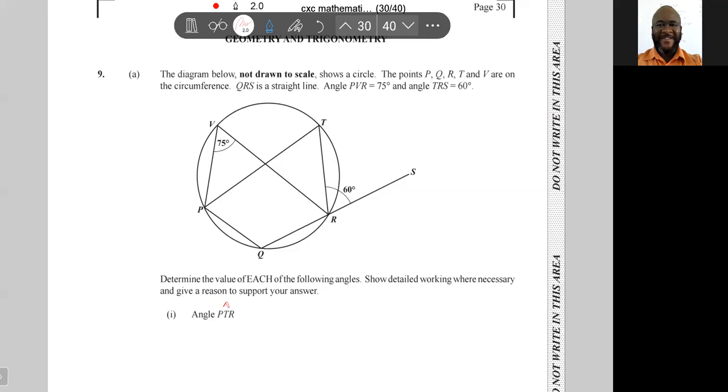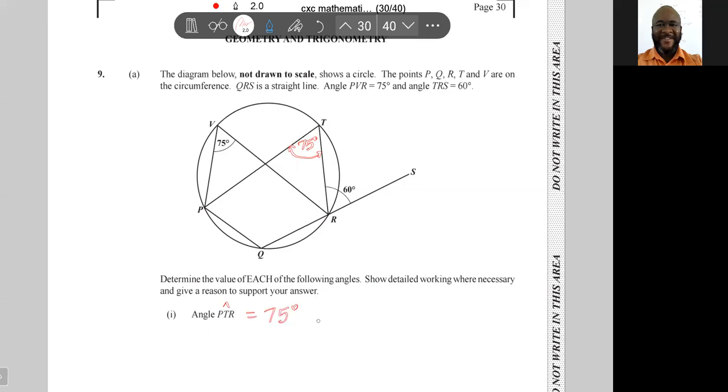So we're being asked to find angle T. This angle is 75 degrees. So angle PTR is equal to 75 degrees.